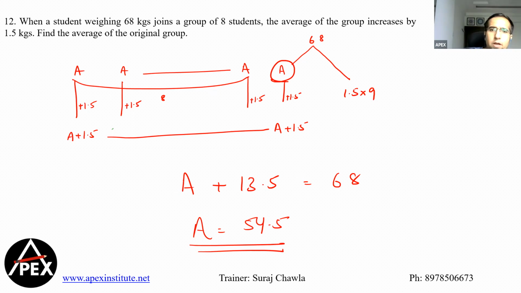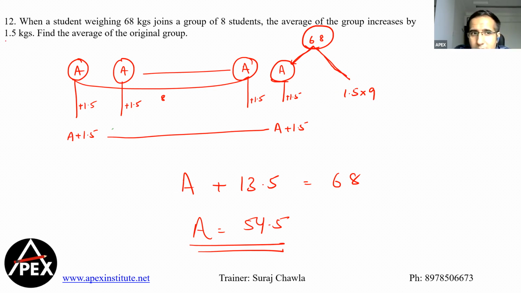Yeah, Murali, what happened? I'm assuming that the existing average was A, Murali. This guy got 68. So as per our method, we first give him A. Whatever is left out is distributed. This time I'm calculating in a reverse way.